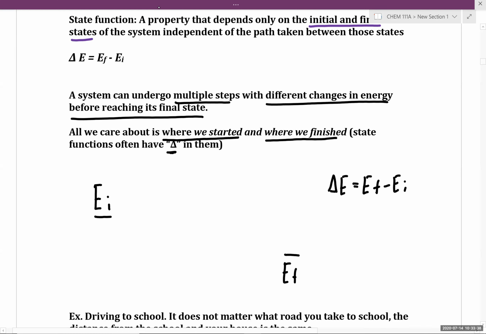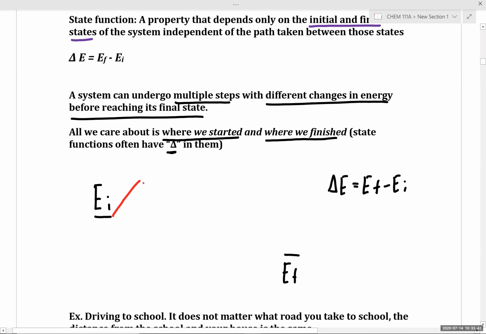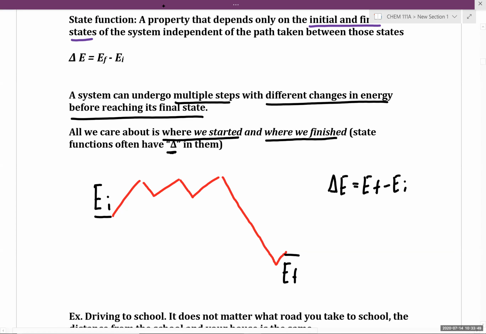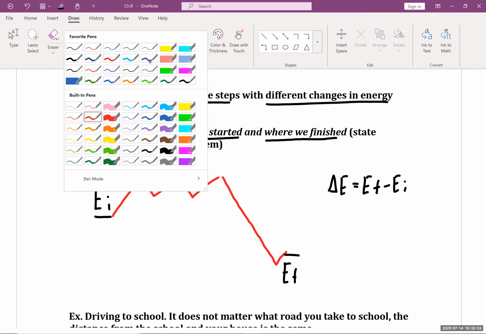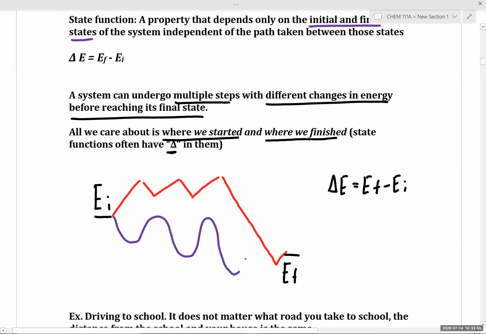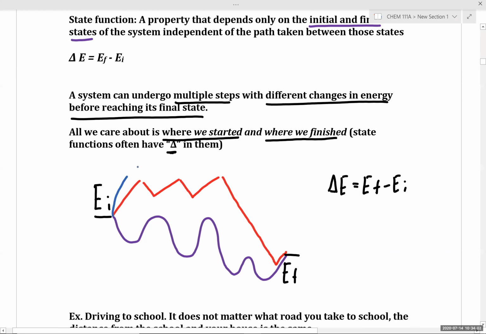We don't have to worry exactly about what path our system takes. It can be a really random path going through multiple different intermediates. That doesn't matter. The only thing that we care about is that we know the initial and final energy. The path doesn't matter.